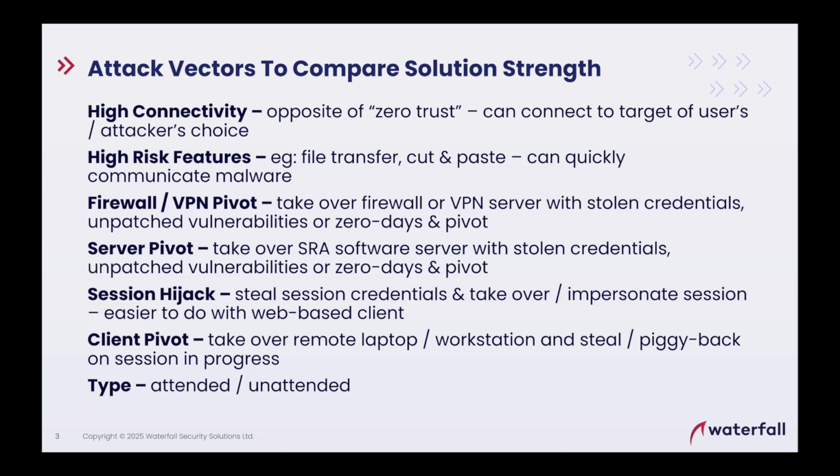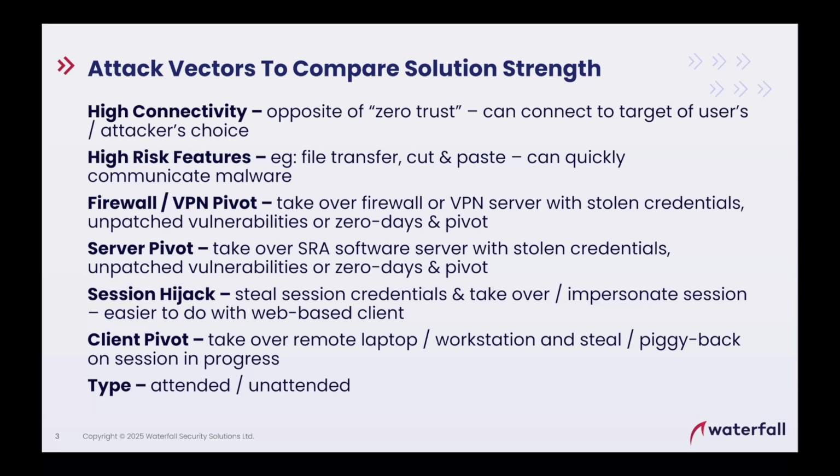Taking over a firewall, taking over the VPN server, and pivoting. Pivoting is where an attacker uses a compromised machine, a CPU. It could be a firewall, a Windows box, Linux, or a PLC. It's a CPU. It uses a compromised system to attack other systems.